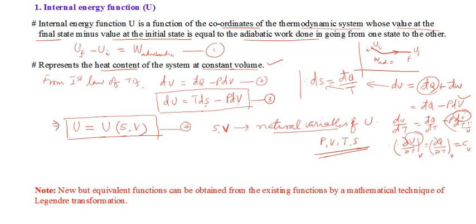Either I can combine P and V, I can define a new function of V and T, I can define a function of T and S, I can define a function of V and S. So there are several choices. Which function have we defined? We have defined a function of V and S. And that function U equal to U of S, V is regarded as one of the thermodynamic potentials.